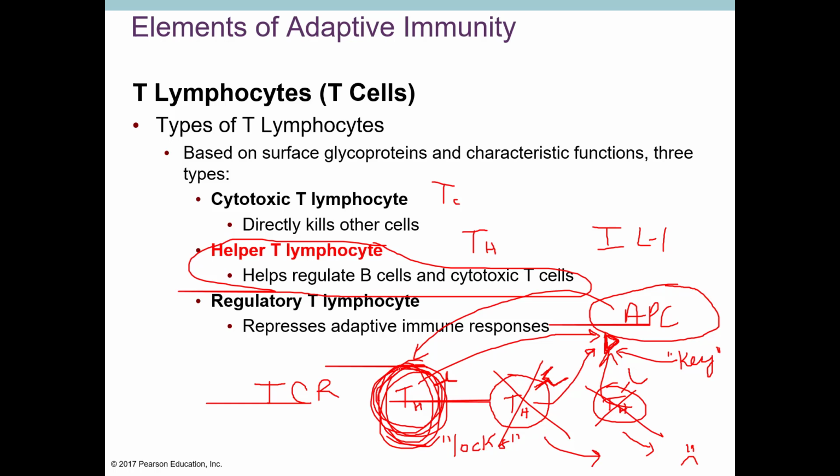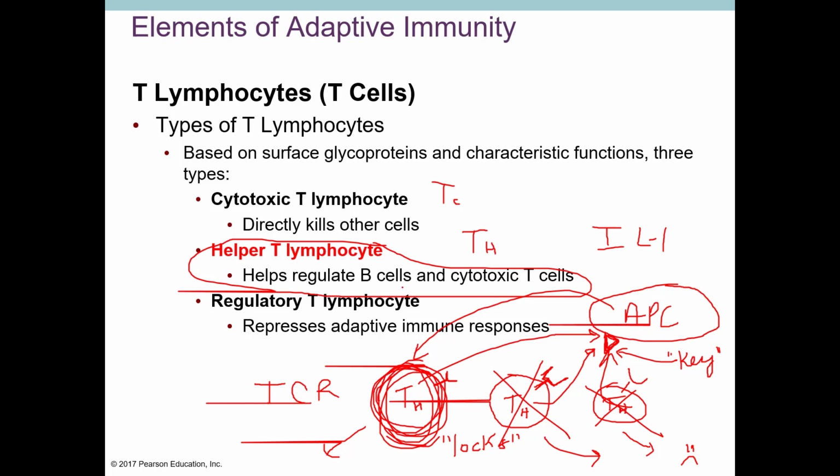All right. Then the T helper cell is going to activate the next group of cells. So APC processes the antigen, displays it with MHC2. The correct T helper cell is then activated, and then we'll get to the next step. So that's antigen presentation, step 1, T helper cell activation, step 2, and then step 3 is coming.